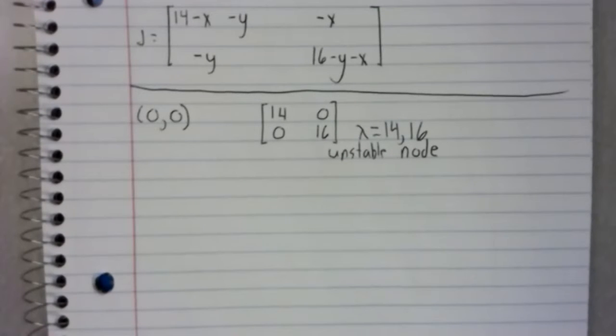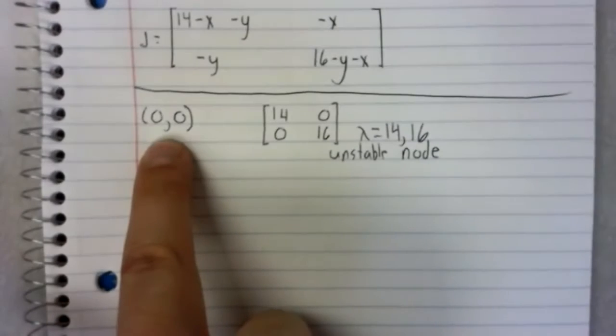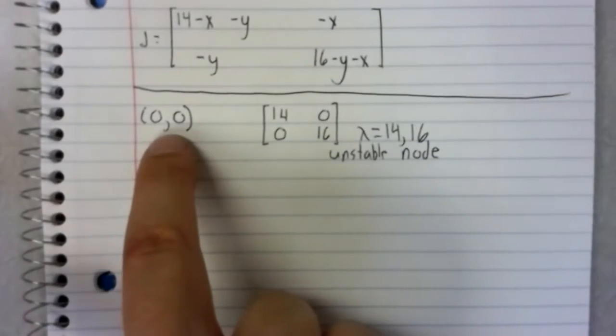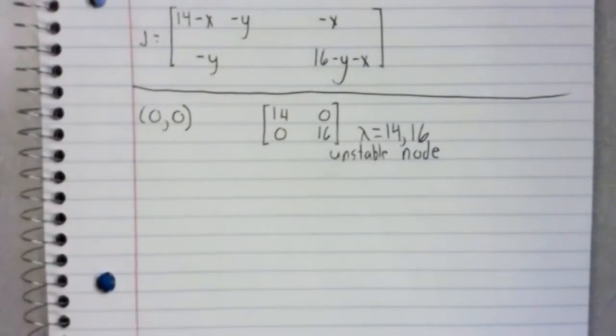And this instability means that we should not see mutual extinction. Things don't get near this point, things get far away from this point.